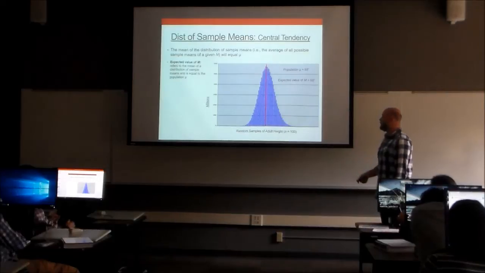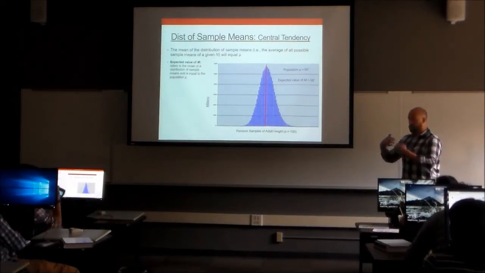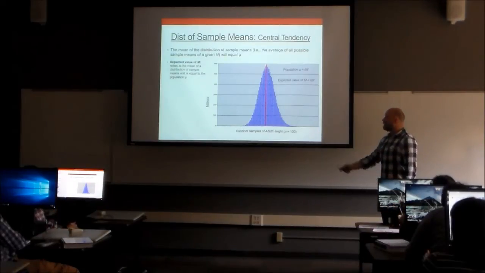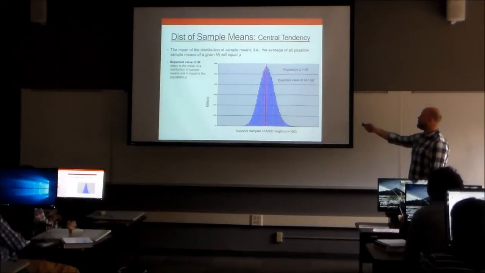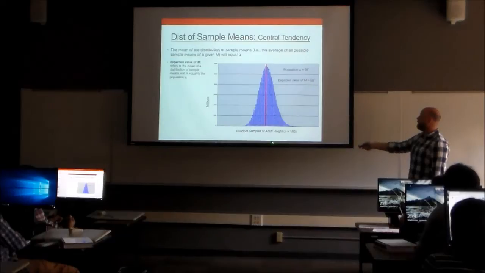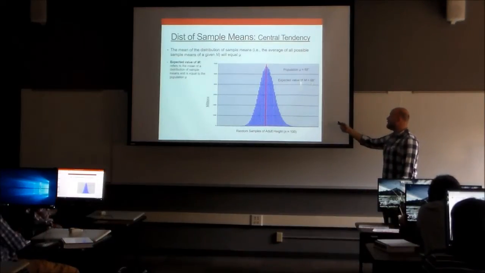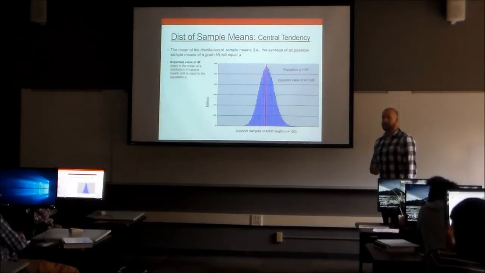So here, with random samples of adult height, I'm going through, collecting 100 people, measuring them, tossing them back, and doing it again and again. If I start to plot the frequency distribution of those means for each of those samples, we would see that the expected value of the mean is 68 inches. Turns out the actual population value is 68 inches as well.